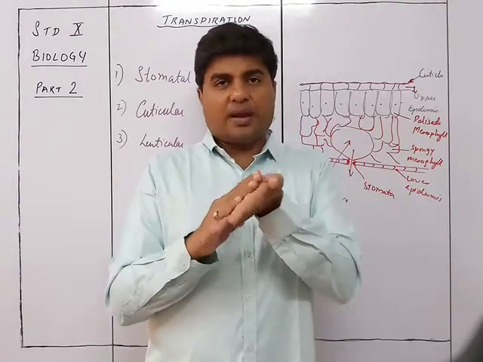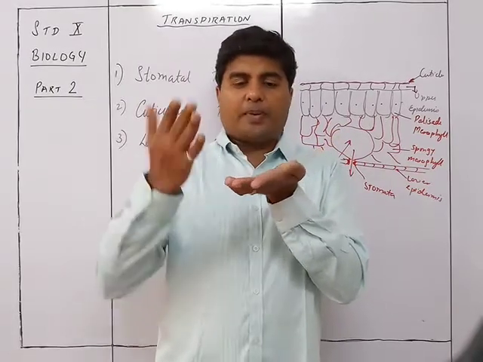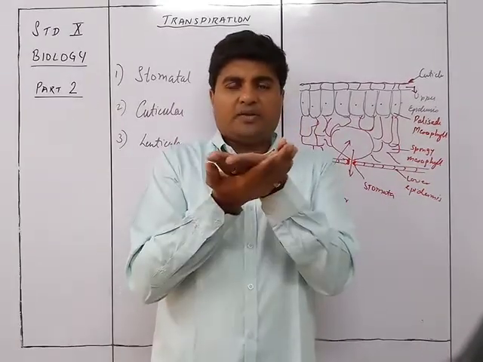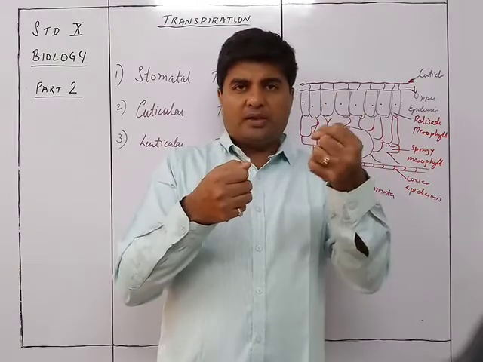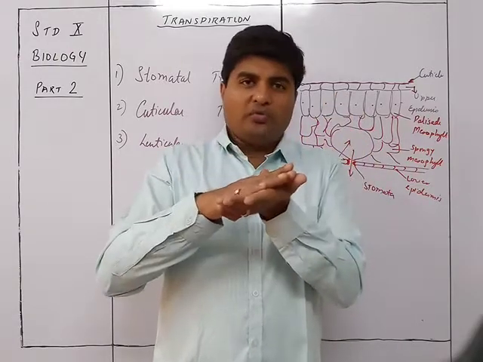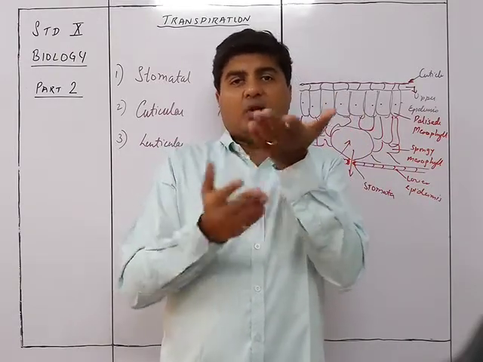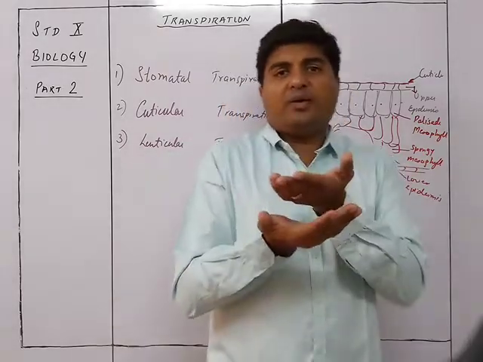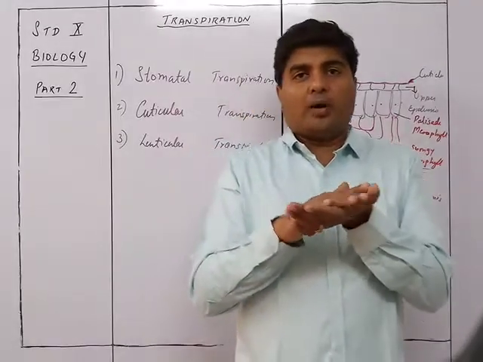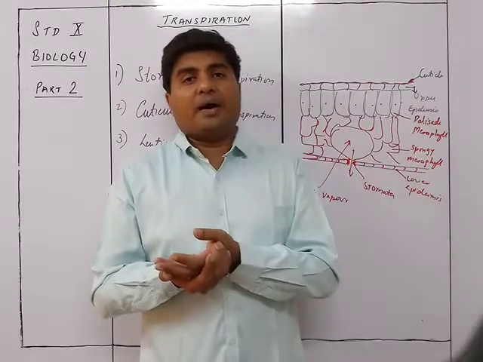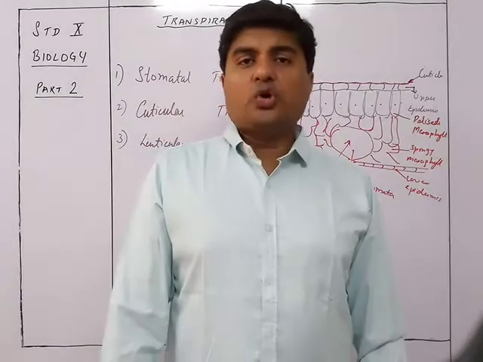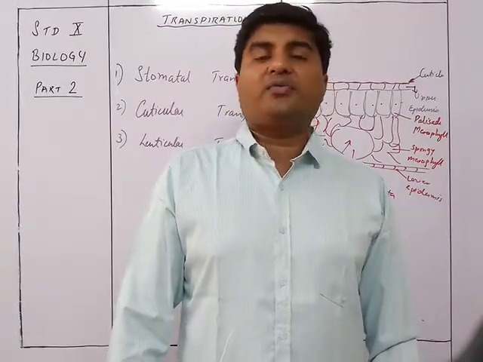You take two cobalt chloride papers, place one on top and the other on the bottom, and clip them together so that they do not fall off. Then it will be seen that the lower one turns pink much faster than the upper one. This is because the lower part has the stomata, and stomatal transpiration is of a higher value.